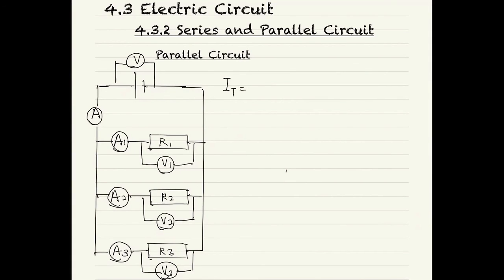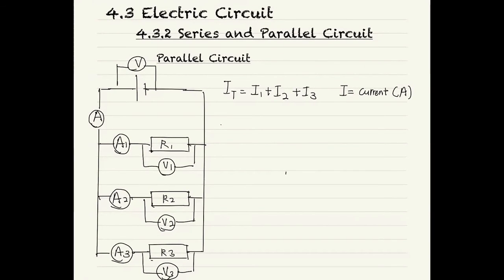For parallel circuit, I total current equal to I1 plus I2 plus I3. I is current, ampere. V total equal to V1 equal to V2 equal to V3.